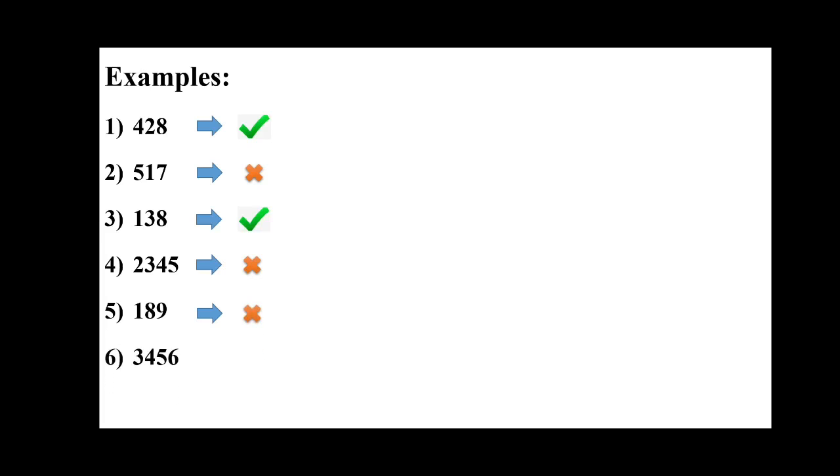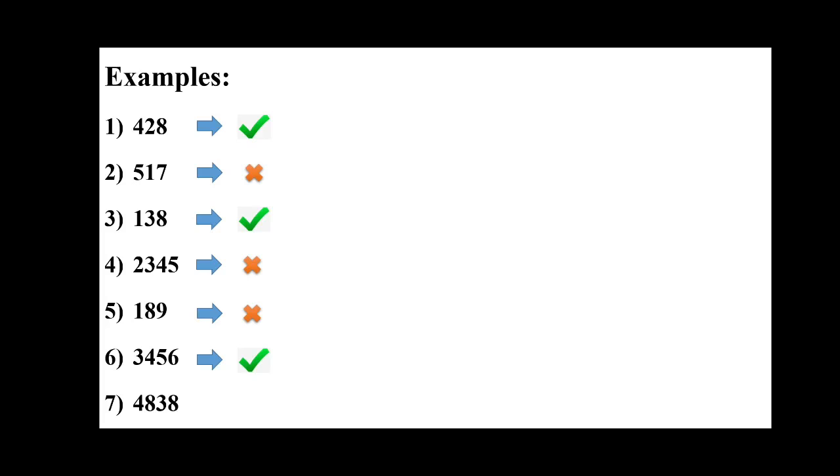Next, 3456. Look at the ones place digit of 3456. Ones place digit is 6. So 3456 is divisible by 2. Last one, 4838.